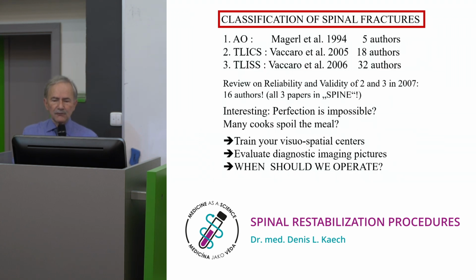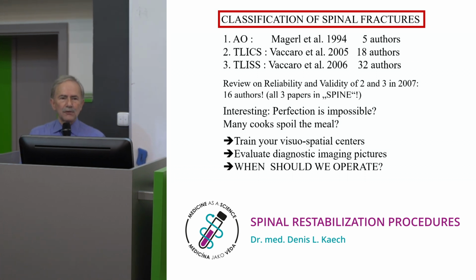Classification of spinal fractures, I briefly say, started in 1994 with 5 authors. Some other authors from the USA made modifications, and then colleagues added, so it goes to 32 authors. And I think perfection is impossible.